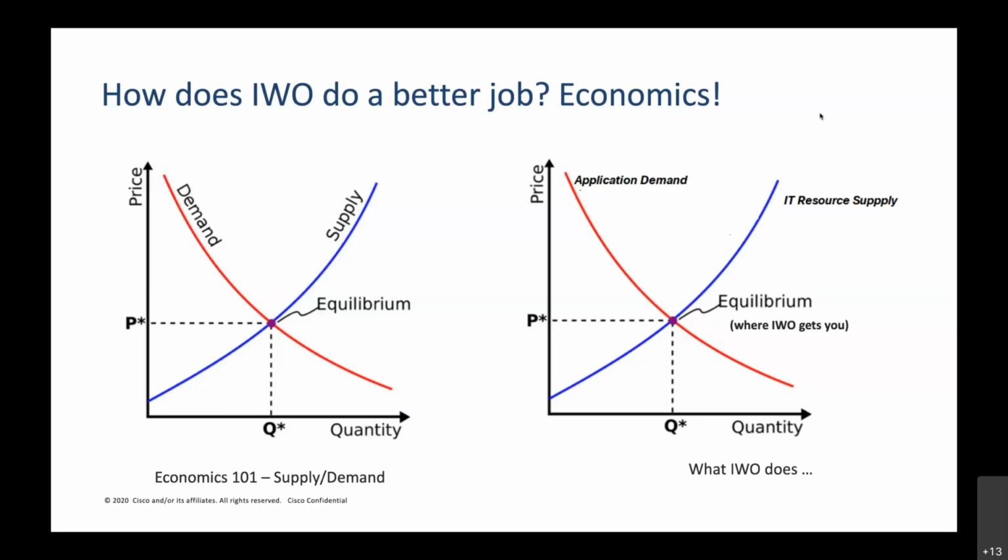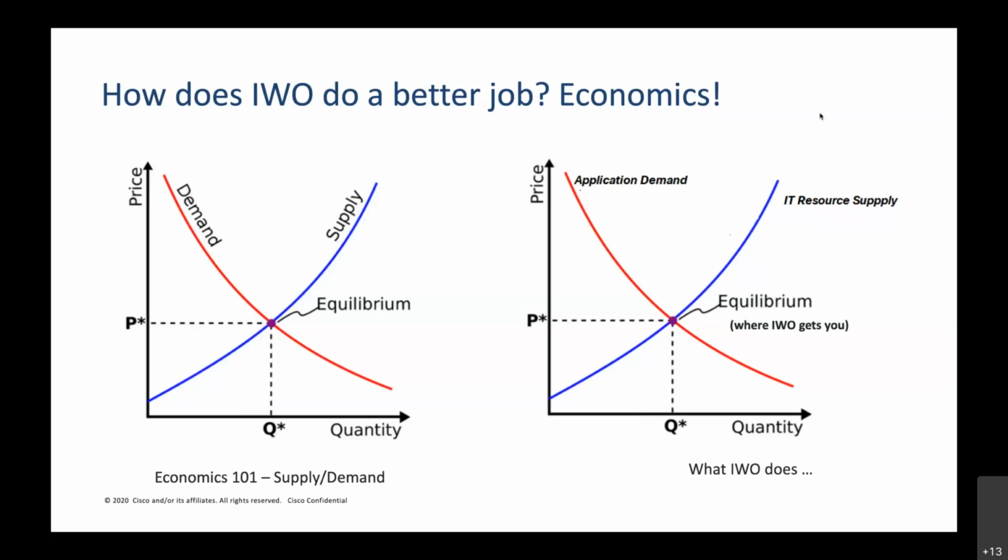On the other hand, if you have way too much supply, that's when you have too many IT resources in your environment, but you don't have enough application demand, then you're going to be running a very expensive IT department, or spending a lot of money on your IT resources, your infrastructure, without getting good use out of it, right?